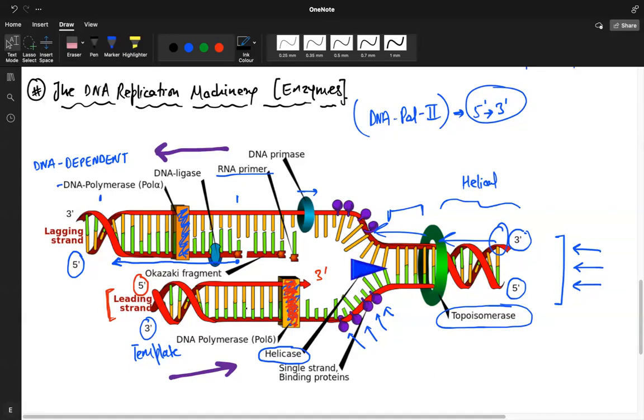So write down: the DNA polymerase cannot initiate the replication randomly at any place in the DNA.